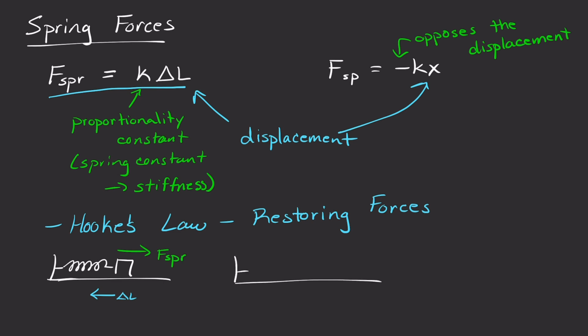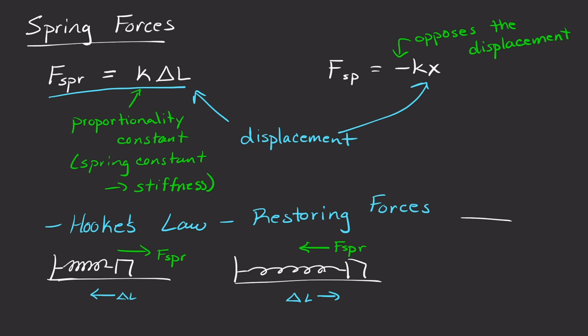If on the other hand we had a stretched spring, now it's being stretched out to the right, and if we let this block go, the spring force is going to pull it to the left.